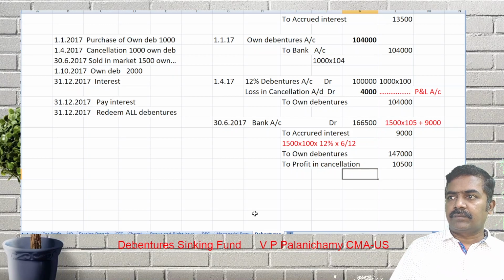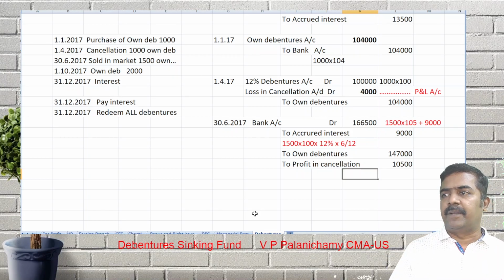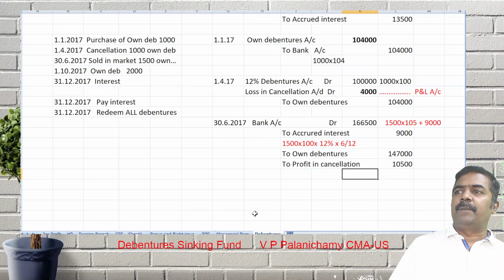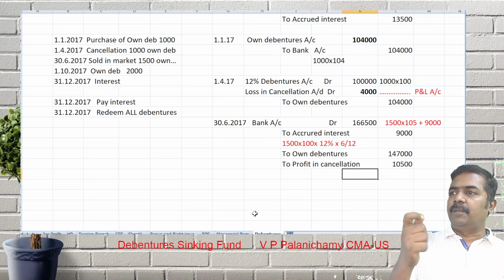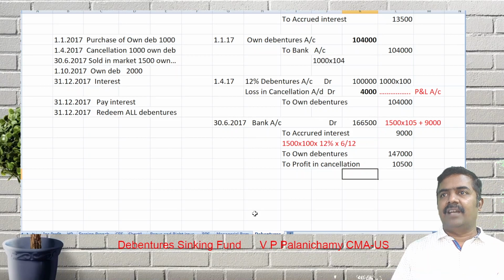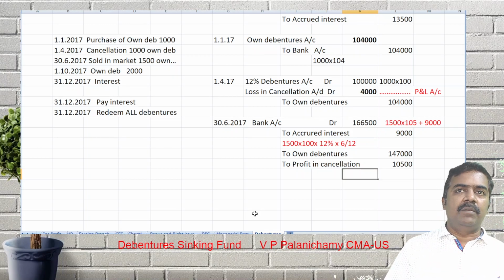The company will not pay party by party. Throughout the year, however many purchases and sales take place, at the end of the year whoever is holding will be paid the full year's interest. So when you purchase, pay and purchase; when you sell, collect the interest for that period. At the end of the year, interest will be paid whether based on 1 month holding, 2 month holding, or the entire year.